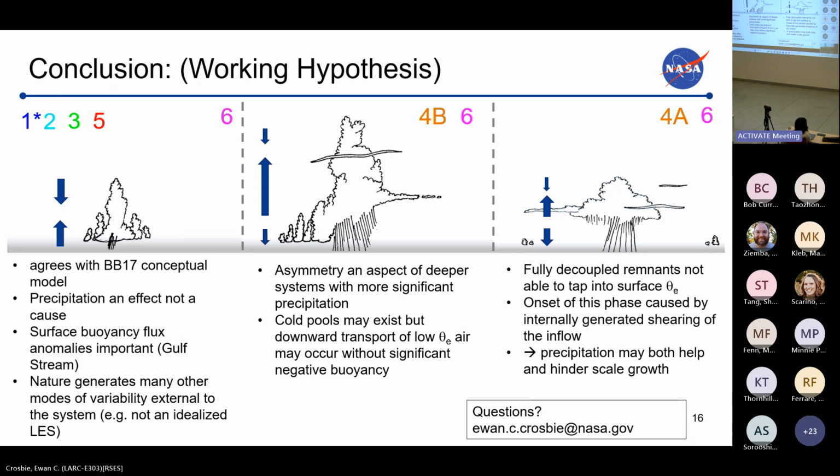And then once the clouds develop a little bit, one of the things that seems to be necessary is this asymmetry that forms, basically creating a sloped updraft, and that ends up being the demise of the cloud cluster. So that's all I got.